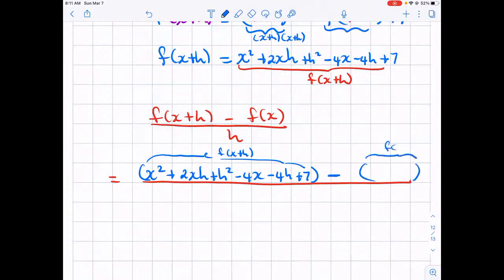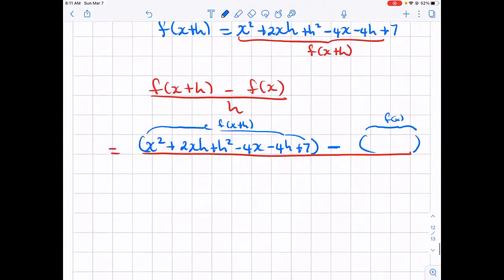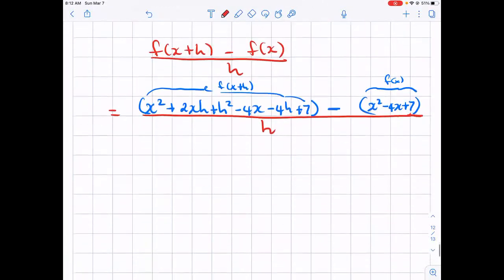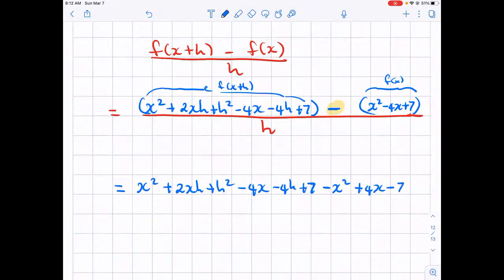This here is my f of x, which was x squared minus 4x plus 7, everything over h. If we simplify this, we have x squared plus 2xh plus h squared minus 4x minus 4h plus 7. Be very careful with that, because a lot of times when you distribute, you get minus x squared plus 4x minus 7, everything over h.